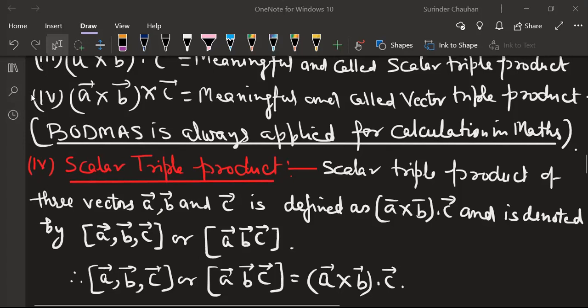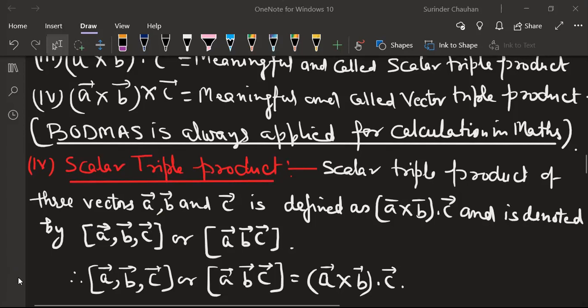Now let's define the scalar triple product. The scalar triple product of three vectors, vector A, vector B, and vector C, is defined by A vector cross B vector dot C vector, and is denoted by [A, B, C] within big brackets, or [A B C].